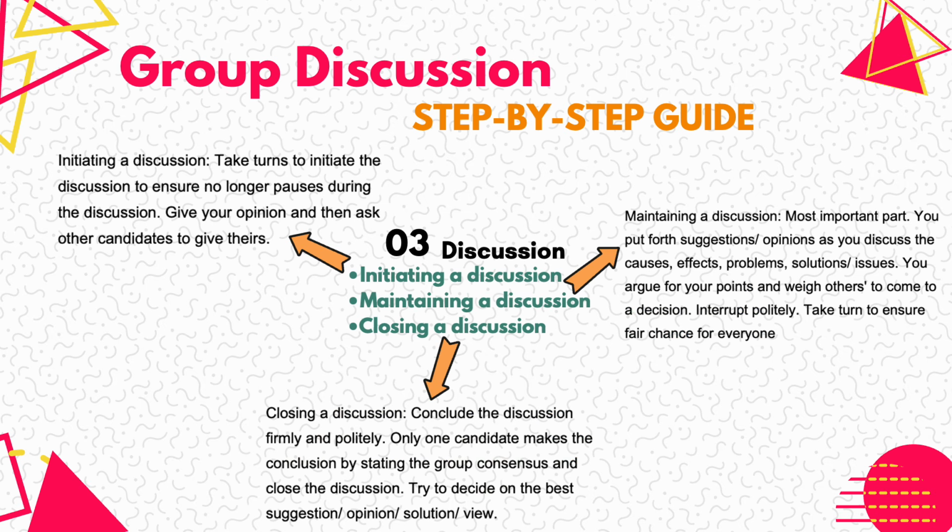After the preparation time, it's time for you to start the discussion. At this stage, you should know how to initiate a discussion, to maintain and even close the discussion. There must be a candidate to begin the discussion. For part 2, anyone can start the discussion, not necessarily candidate A. If you wish to be the one to start the discussion, you must know how to begin.